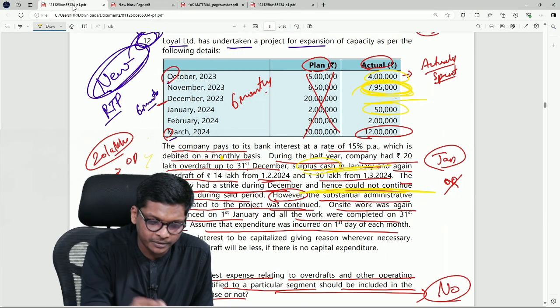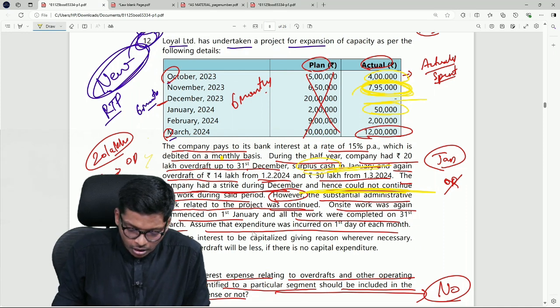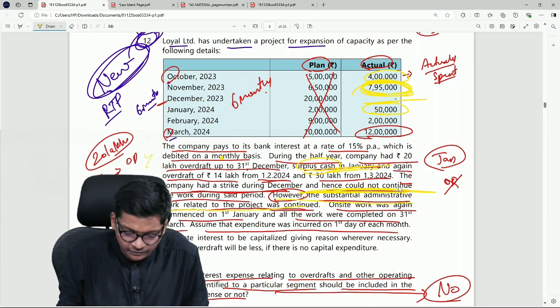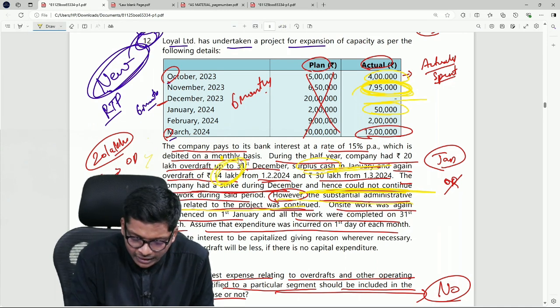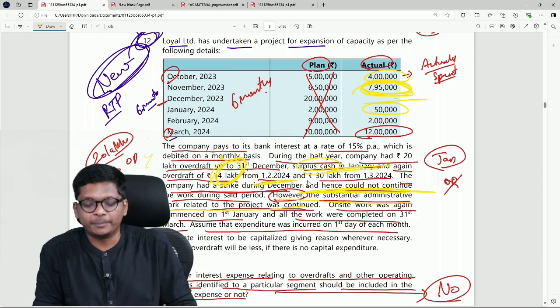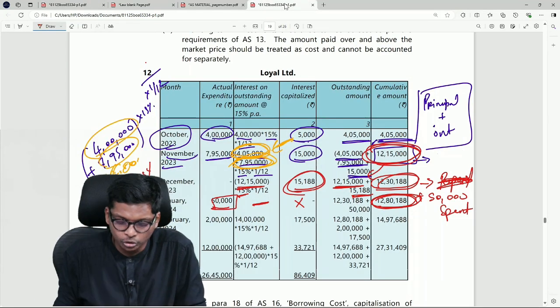Now come to Feb. In Feb what they are saying, look at this wording: however substantial admin work was completed, and again 14 lakhs of overdraft is taken from 1st Feb. 1st Feb I am taking a new overdraft of 14 lakhs. So look at that.